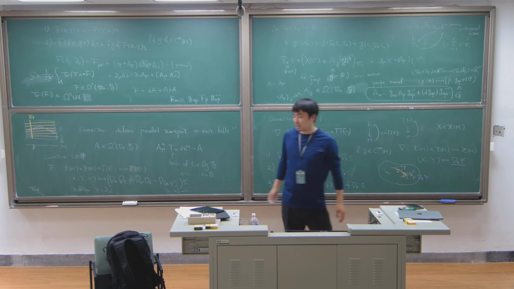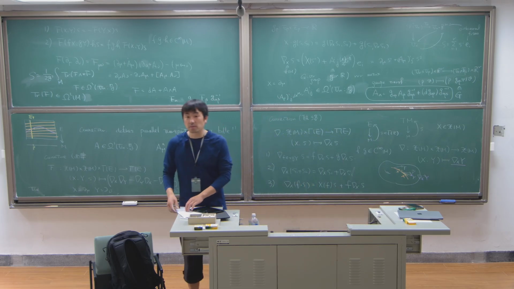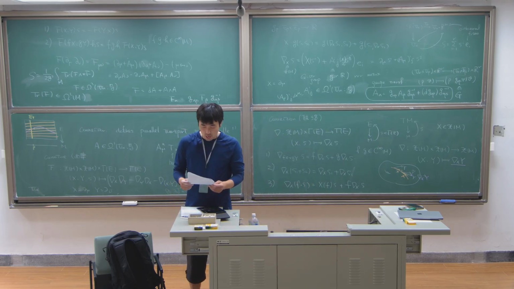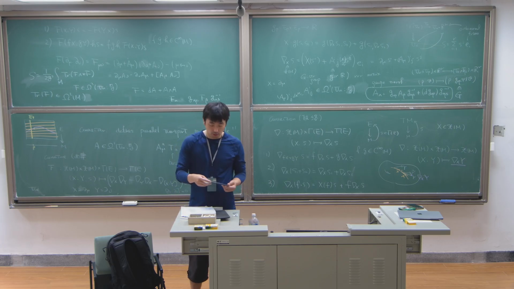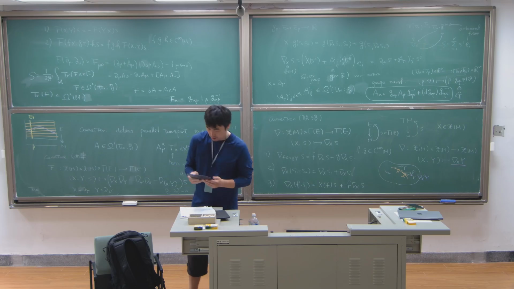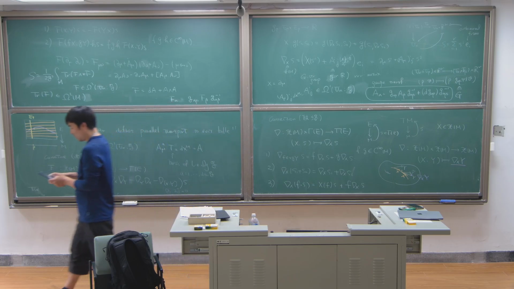Okay, so let's stop here and take a break for 10 or 15 minutes. And we will move on to a bit more about the parallel transport, and so on. Okay, let's take a break.